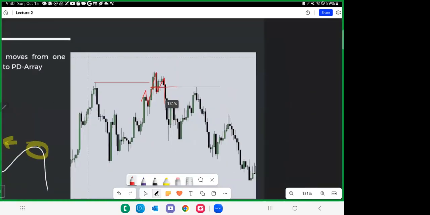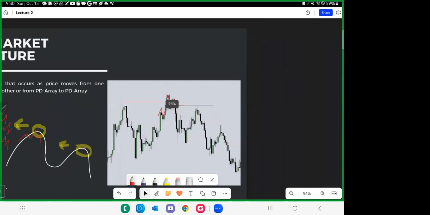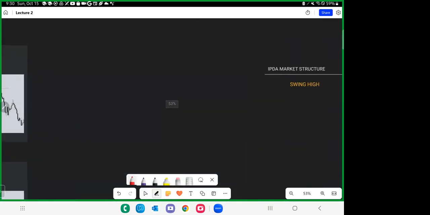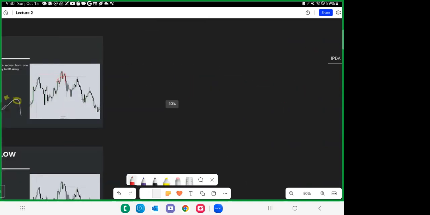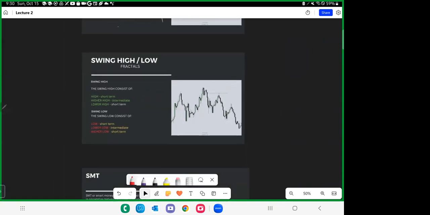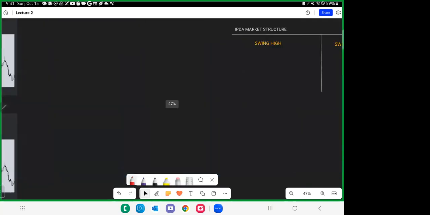This is a 1 minute time frame, but you're going to see how the nature of that swing high is fractal. So let's talk about a swing high. What is a swing high? A swing high consists of a high, in the form of a short-term high, a higher high, and a lower high. All right, so let's draw that out.